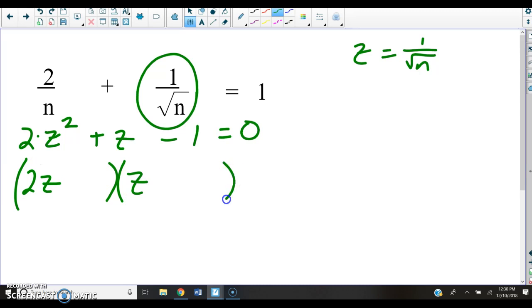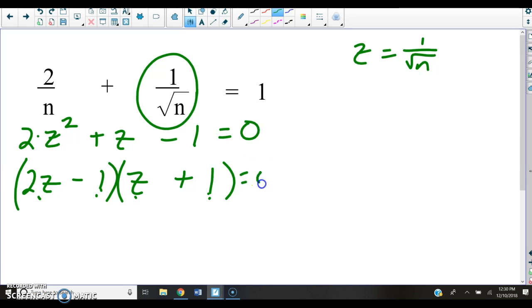You can use your box and diamond, but realizing the 1 is 1 times 1 helps a lot, and then 2 has to be 2 times 1, so it doesn't give you too many options. Okay, the bigger product has to be positive, so 2 times 1 is 2, negative 1 times z is negative 1.